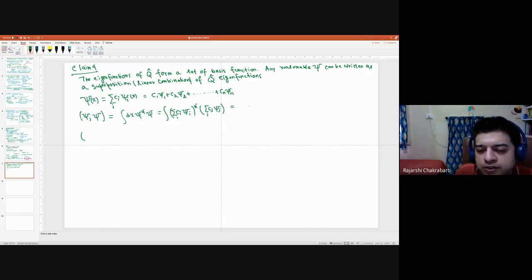Because they are an orthonormal set, remember that only the diagonal terms will survive. Are you following? Only diagonal terms will survive.